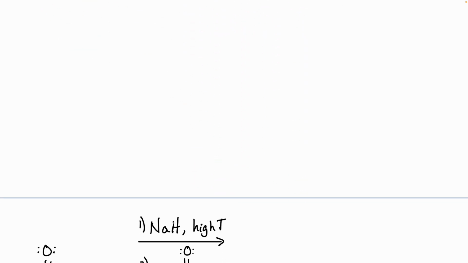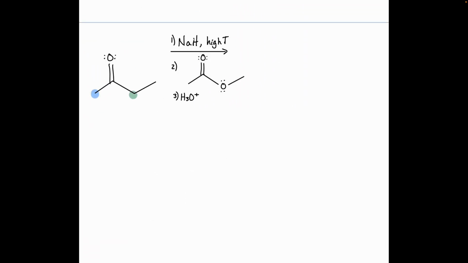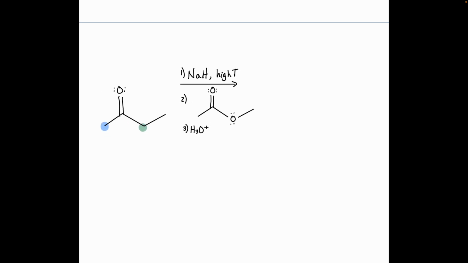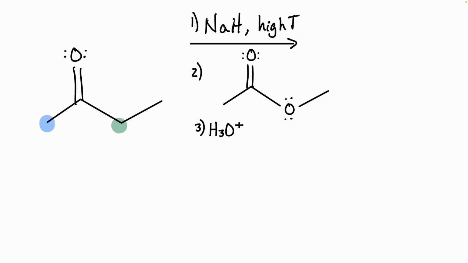Now we're going to do something very similar, but instead we're going to use our teeny tiny base and high temperatures. So now where's our enolate ion going to form? Blue or green? Now we're going to get that more substituted thermodynamic product.